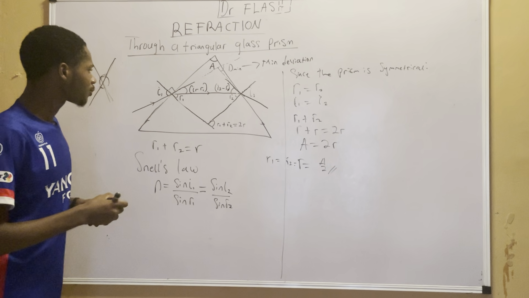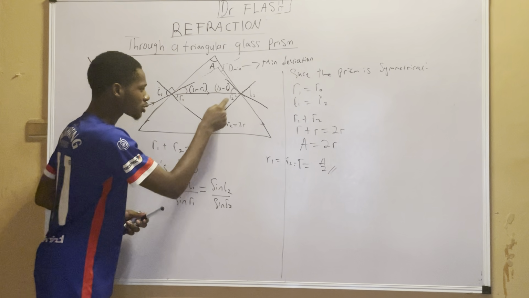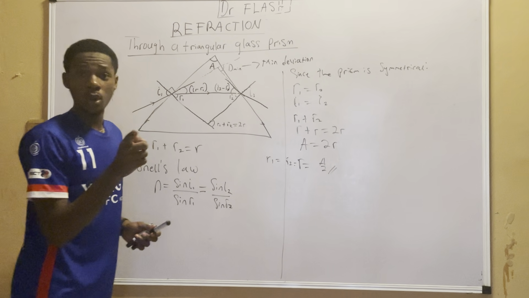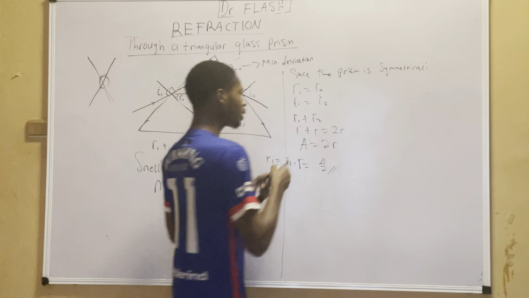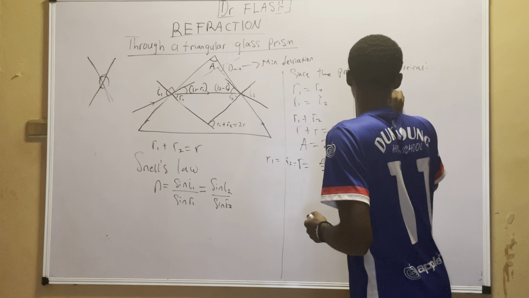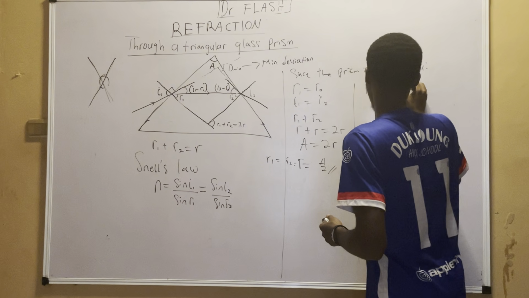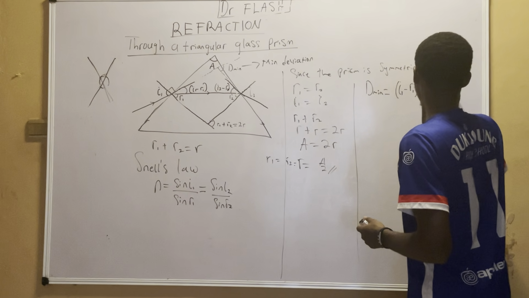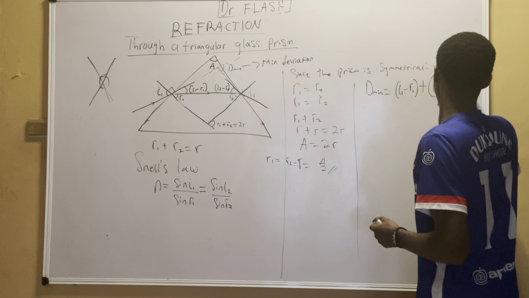Now what do you notice? The same principle applies. R1 plus R2 gives us the angle here, which means when I add these two, I'm going to get the minimum deviated angle. That simply means that the minimum deviated angle equals I1 minus R1 plus I2 minus R2.